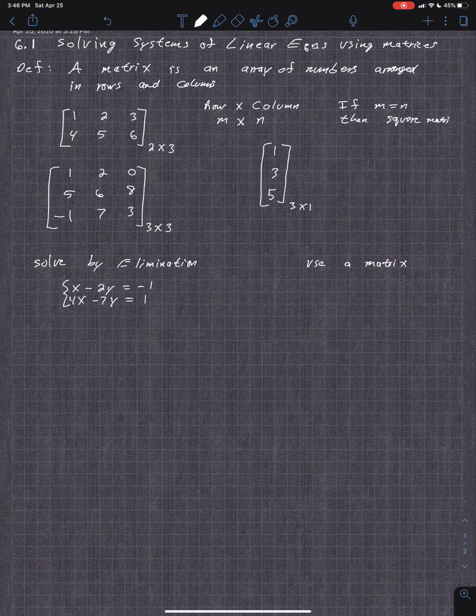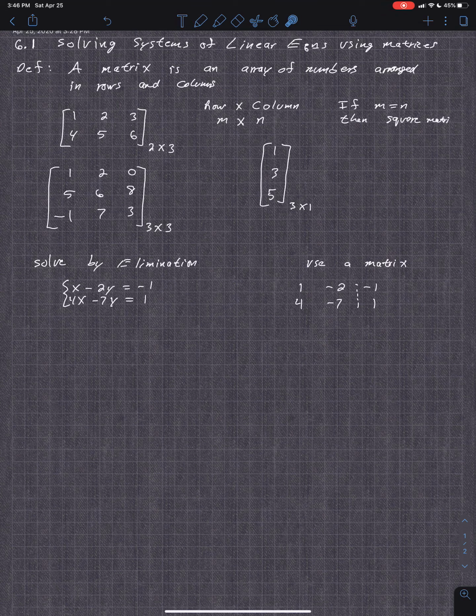So write in those coefficients, right? So 1, -2, and then -1, 4, -7, and 1 over here in the matrix form. So it'll be 1, -2, -1, 4, -7, 1. And we put those dots like that because we call that basically the coefficient matrix.